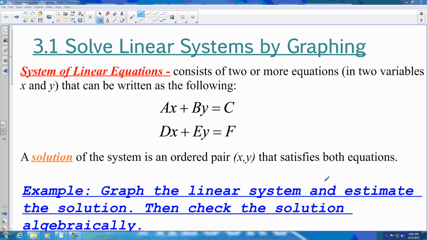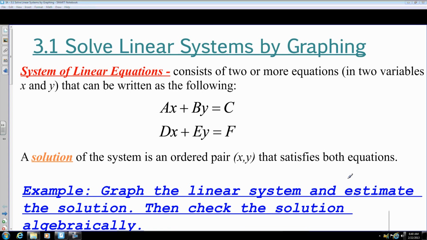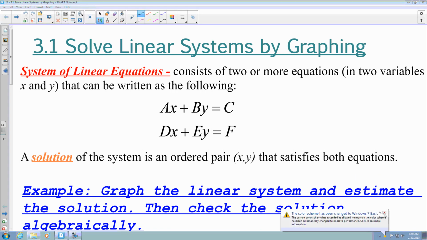Systems of linear equations are equations that consist of two or more equations. Two variables are usually in occurrence, x and y, and they're written in standard form, where it's ax plus by equals c, and the second equation is also in standard form, which is dx plus ey equals f. Those are just variables in the general form.